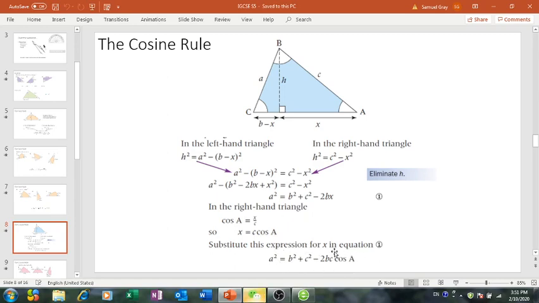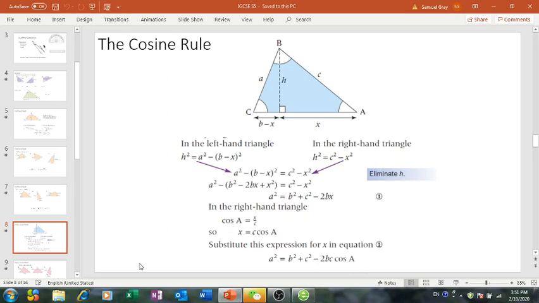But then we have this bit here, which states that if the angle is over a certain amount, that would mean that A would be longer. If A is smaller than a certain amount, it would mean that A would be smaller, and so we take it away, because when cosine A gets over 90 degrees, then this part here becomes positive, because cosine of a number greater than 90 is negative.